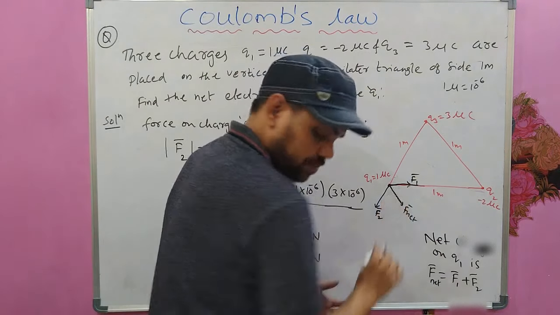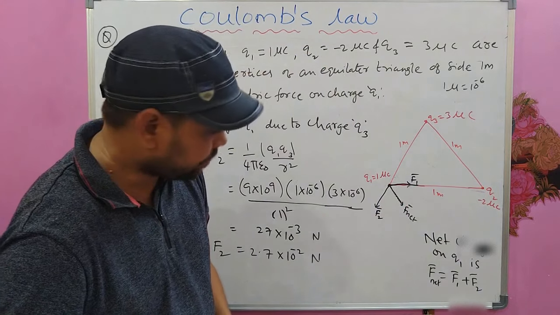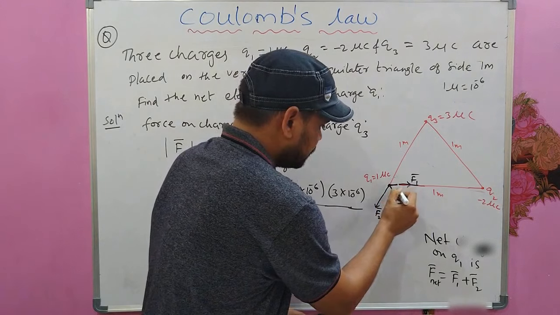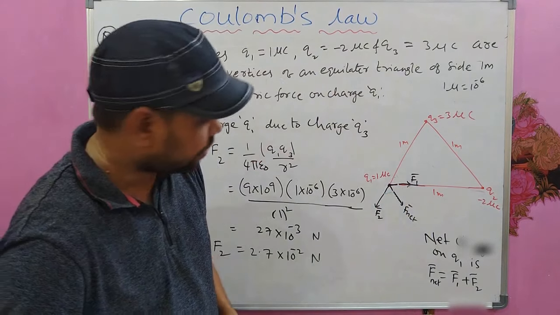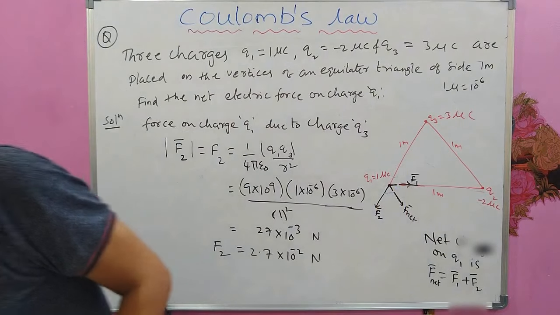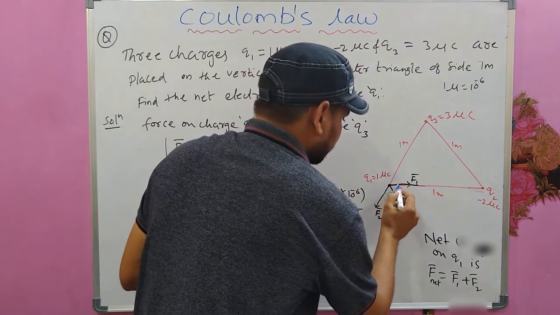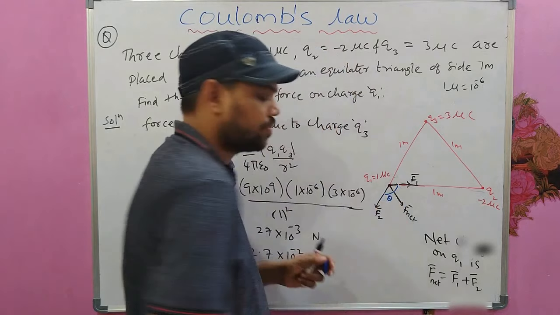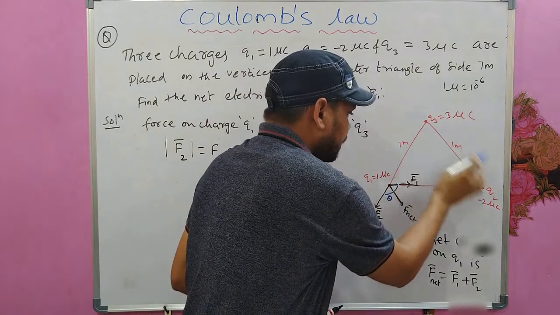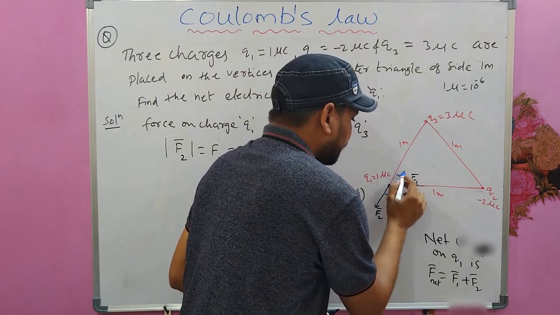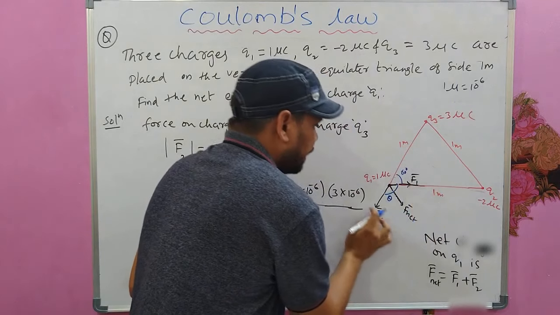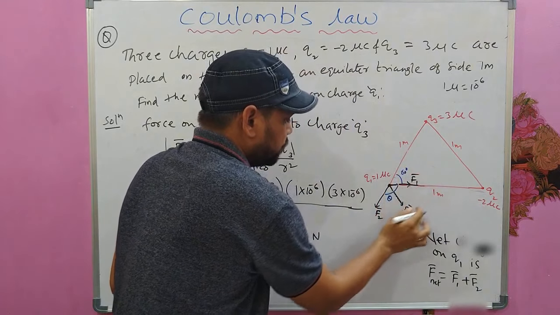Okay, so if this is the angle between F1 and F2, let me take it as some theta. We know that this is an equilateral triangle whose angle is 60 degrees and this total angle is 120 from here to here.